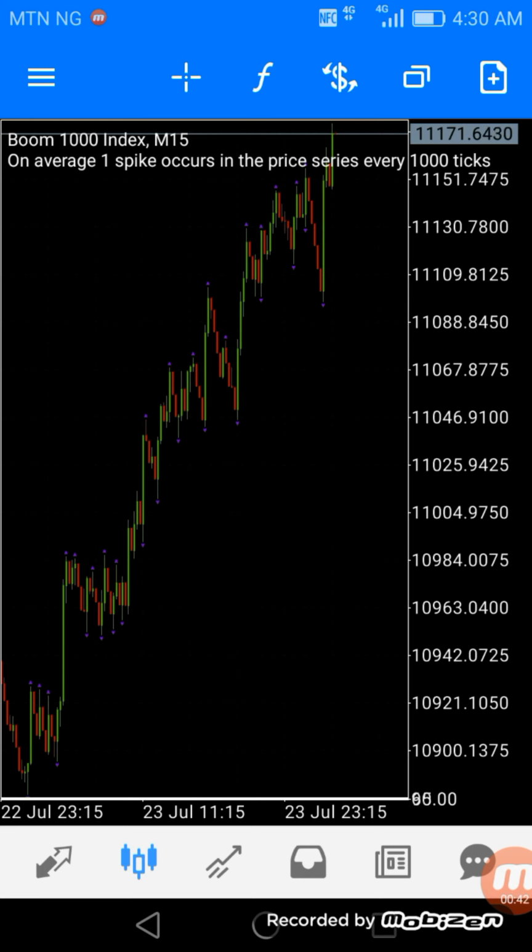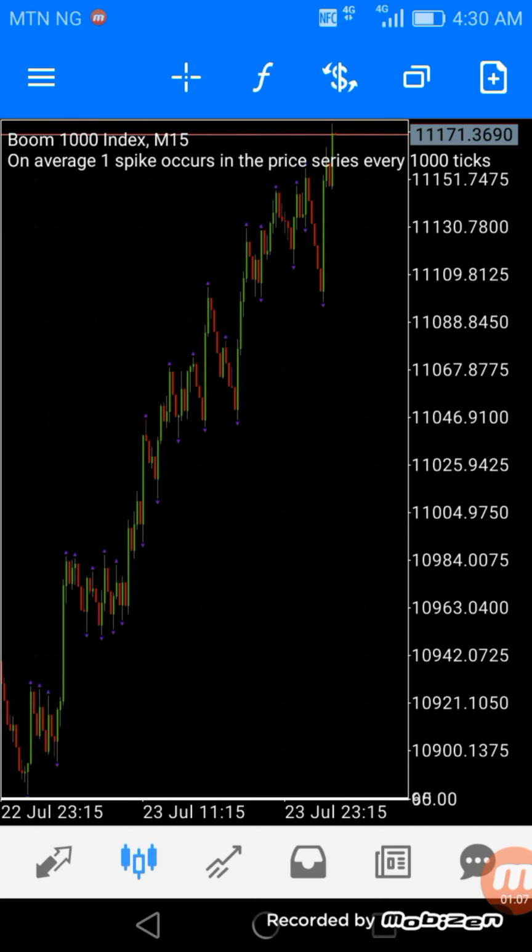You can draw trend line on any time frame, be it M1, M5, M15, H1, H4, D1, and weekly or monthly time frame. Okay, you can draw trend line on any time frame and you can take advantage of the bouncing off of the market when it touches the trend line.